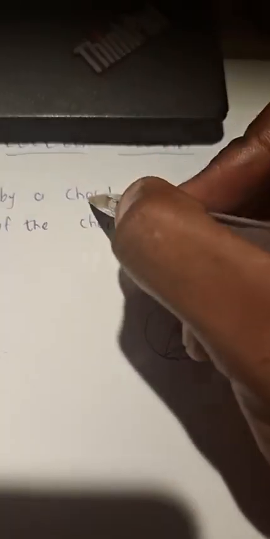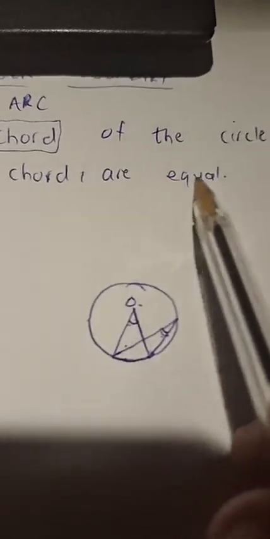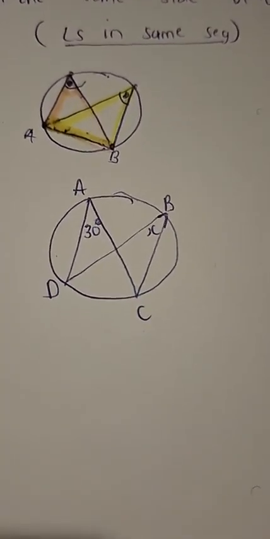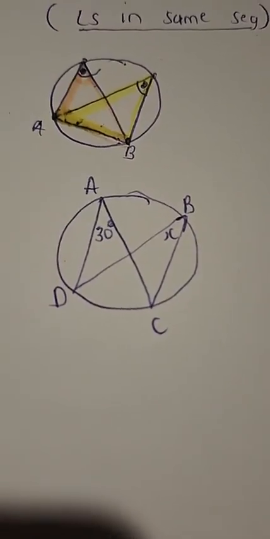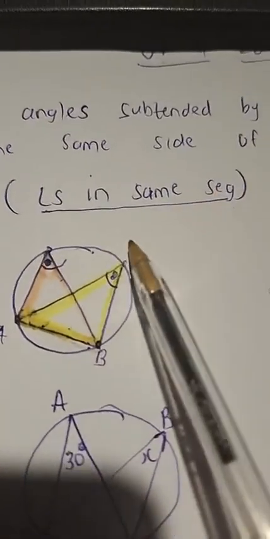By the way, guys, if it's not a chord, it could be an arc. The angles subtended by an arc of the circle on the same side of the arc are equal. So my question then is, what is the value of x, based on what we have learned here?